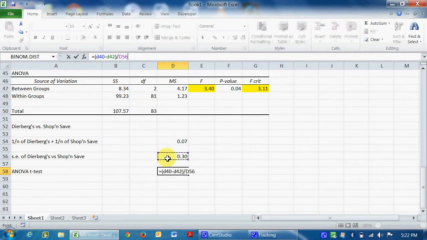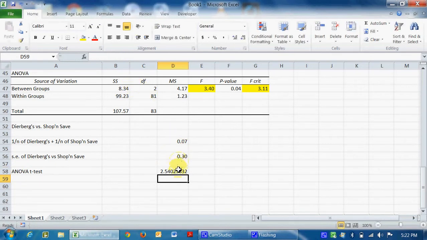Once again, make sure that the links line up. You'll have the right numbers. If you're on a Mac, you'll have the right numbers up here somewhere. But it's just a matter of making sure that you click on the same one that I'm clicking on here in the PC version. Okay, so the ANOVA T test came back to 2.54.